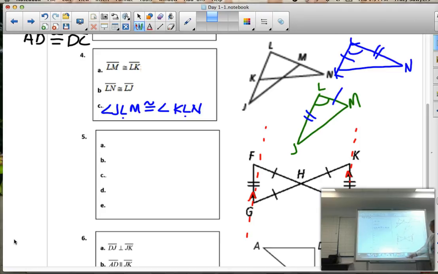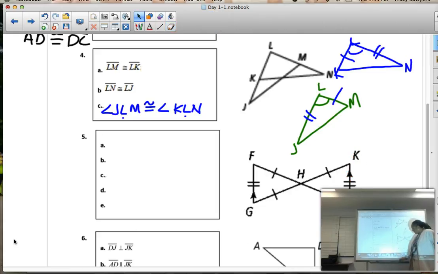I'm going to erase this so we don't have all this color in front of us. What would you call the relationship between this angle here and this angle here? They're alternate interiors. Thank you very much, Destiny.